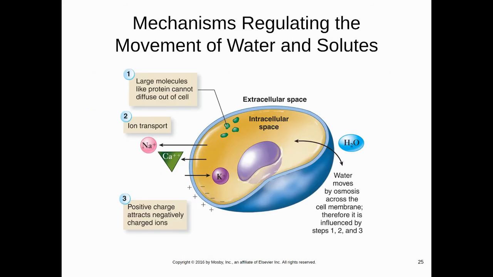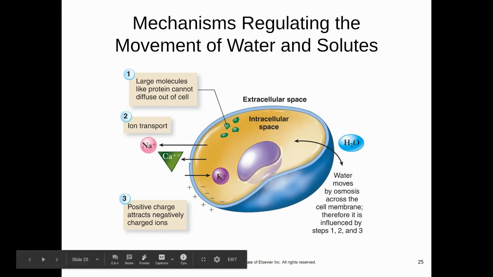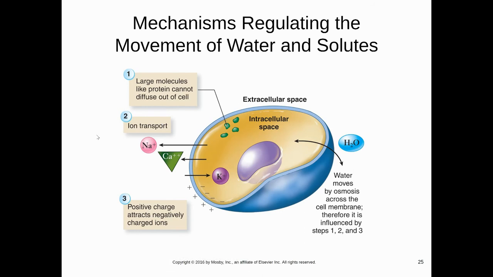Okay? And the big thing behind that too as well, sometimes in order for this ion transport to occur, it might have to occur through active transportation. And in that case, you'll have some type of pump that'll get either the sodium or the calcium to wherever you need it to be.